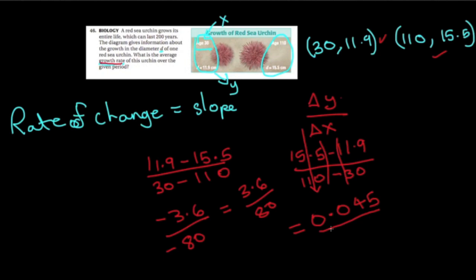So 0.045 is your final answer for this problem, and you need to make sure you write this in the right form, which is cm per year. So it grew 0.045 centimeters every year. That's how much this grew.